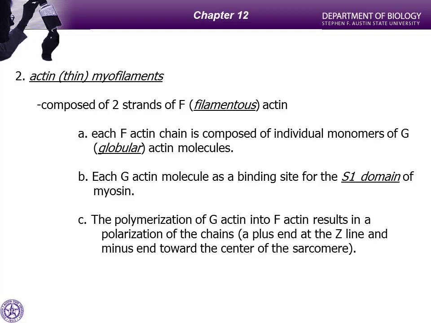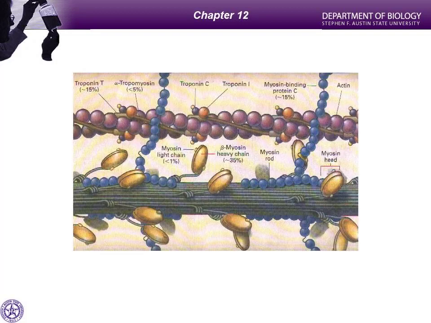And when we have a contraction, even though the myosin thick filament doesn't move, that molecule of myosin grabs that binding site on G-actin and pulls the actin towards the midline of that sarcomere. And if you don't have this S1 binding site, and if myosin doesn't grab it, you'll never get a contraction.